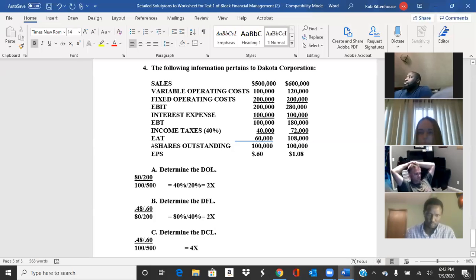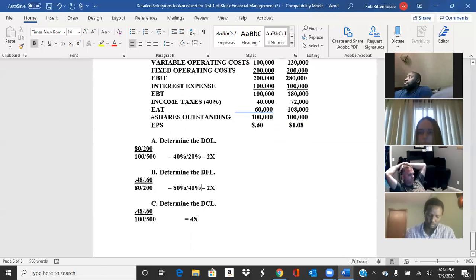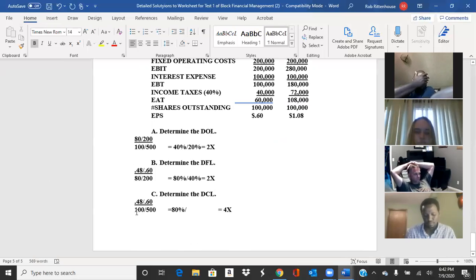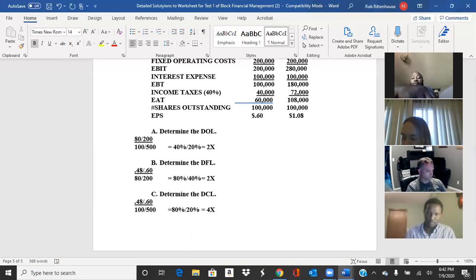Okay. Now, finally, for the degree of combined leverage, take the percentage change in earnings per share, which again is 80%, divide that by the percentage change in sales, which we already calculated previously as 20%. 80 over 20 gives you a degree of combined leverage of 4 times, meaning for every 1% change you had in sales, you had a 4% change in earnings per share.